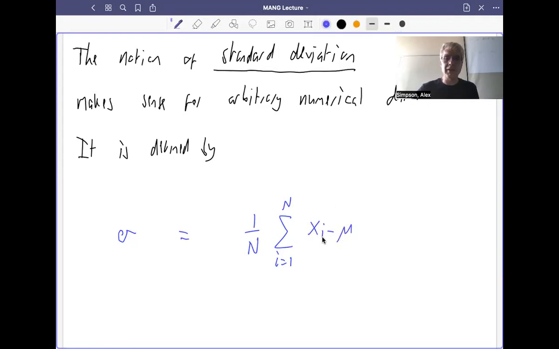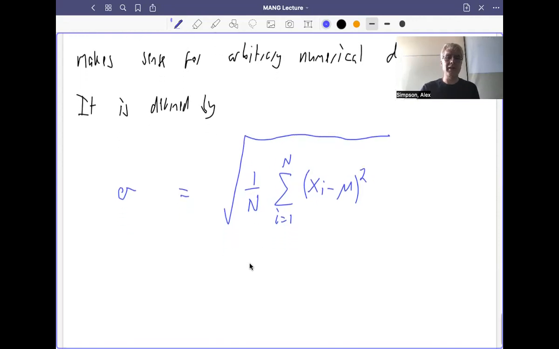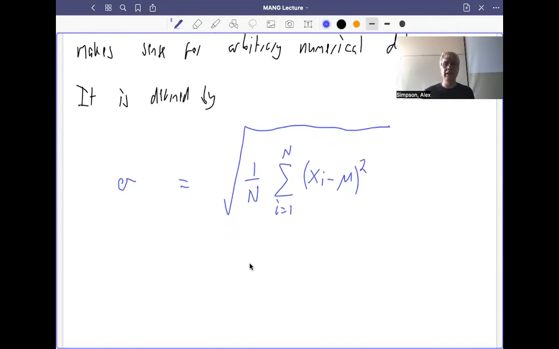So we're summing x1 minus mu, x2 minus mu, and so on. In each case, we take the distance from the mean and we square it. And we find the average of these square distances. And when we've done that, we take the square root of the whole thing. The squaring makes sure we're only looking at positive values; we average them, and then take the square root. A mysterious formula, but it's very useful.